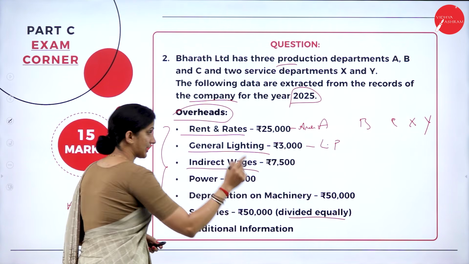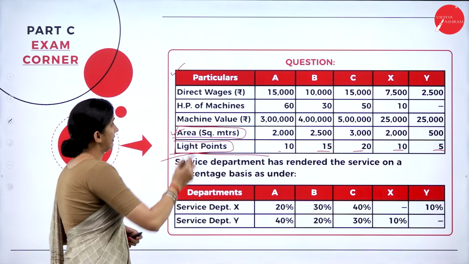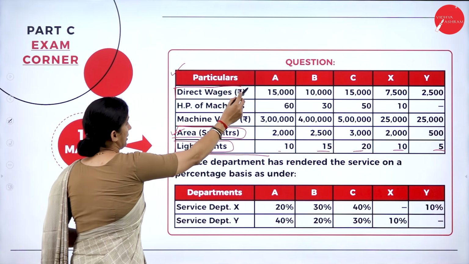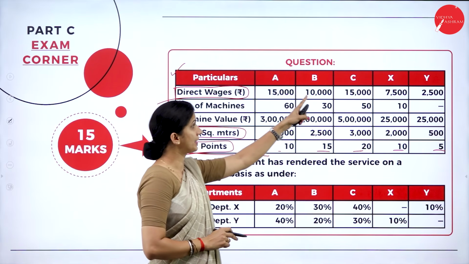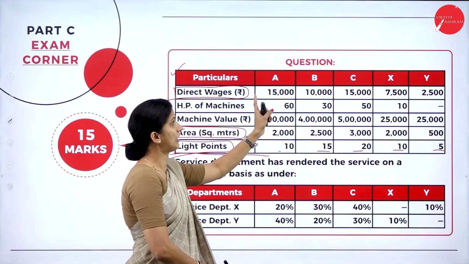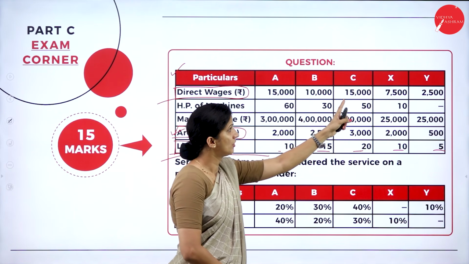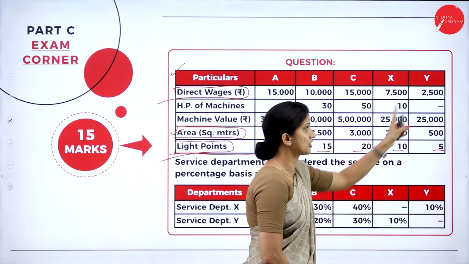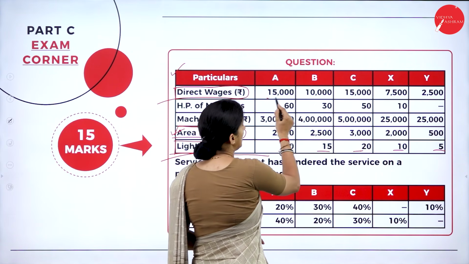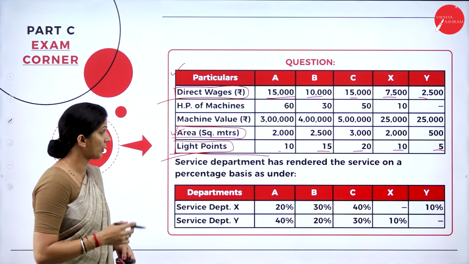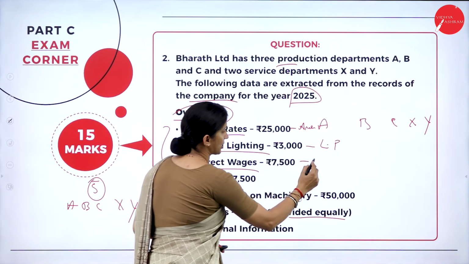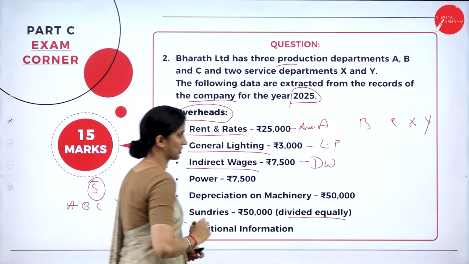Next, indirect wage. Whenever the indirect wage is given, your direct wage will be the basis. So you will take the ratio, that is 150, 100, 150, 75 and 25, to allocate the indirect wage. So for indirect wage, your basis is direct wage.